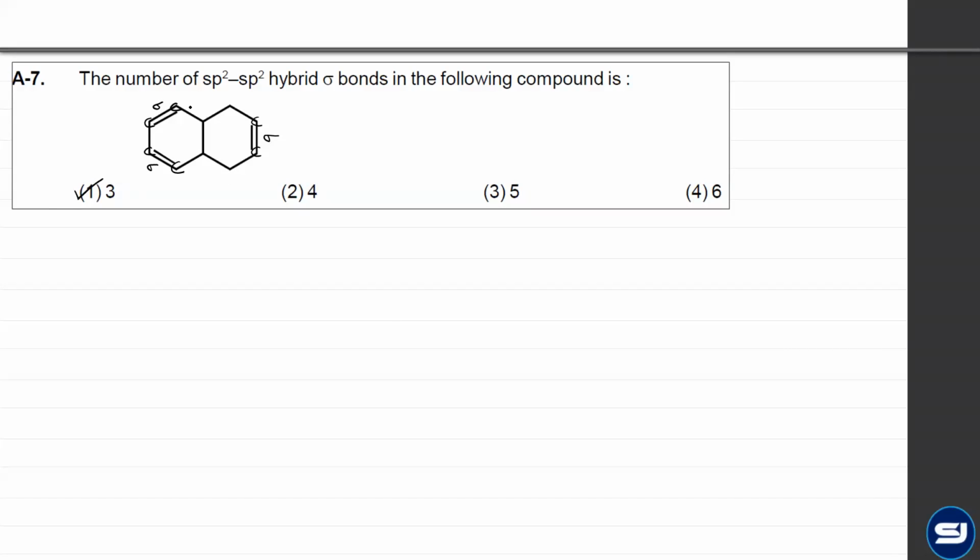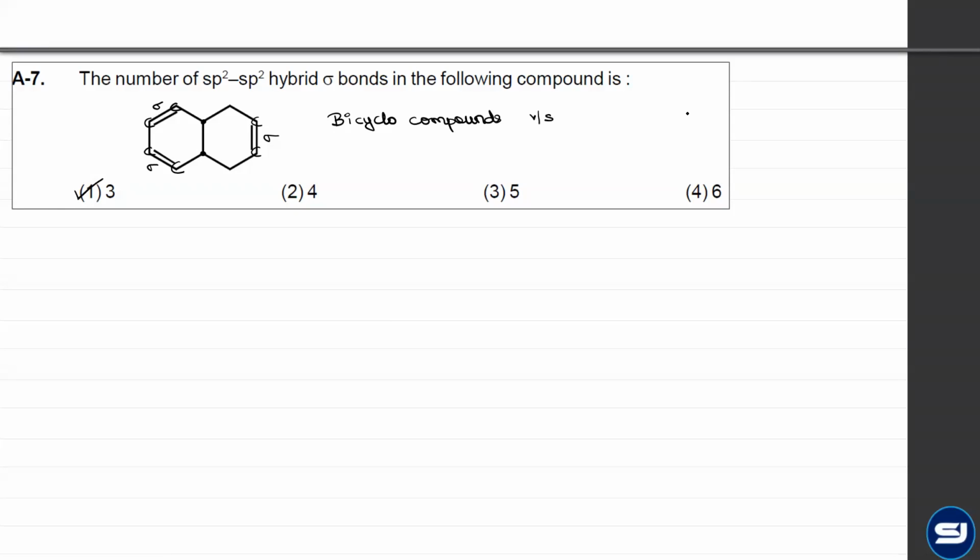Now one more thing. This type of compounds in which the two rings are joined by two carbon atoms are called bicyclo compounds. A compound in which two rings are joined by two carbon atoms in common is called bicyclo.